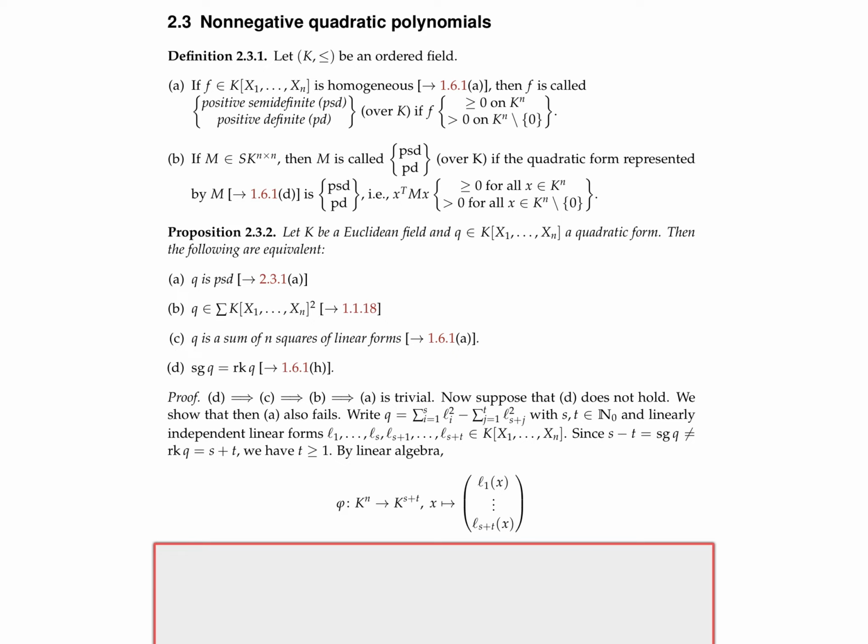So that's quite easy, right? We just have to plug in something where all the other linear forms are 0, and one of these, l_{s+1} up to l_{s+t}, is non-zero, and all the others are 0. For this we use some trivial linear algebra. Let's look at this map, which maps an x to this tuple, which simultaneously evaluates all these linear forms.